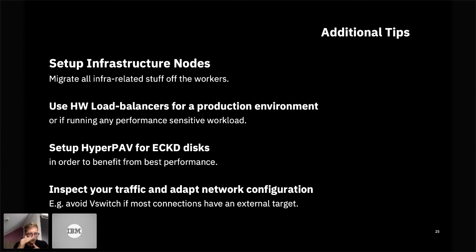We have our site there with performance tunings, and we also published a white paper on this topic, how using different HyperPAV aliases can benefit your performance. Because it's a Z-specific thing, this is quite often forgotten in some setups.